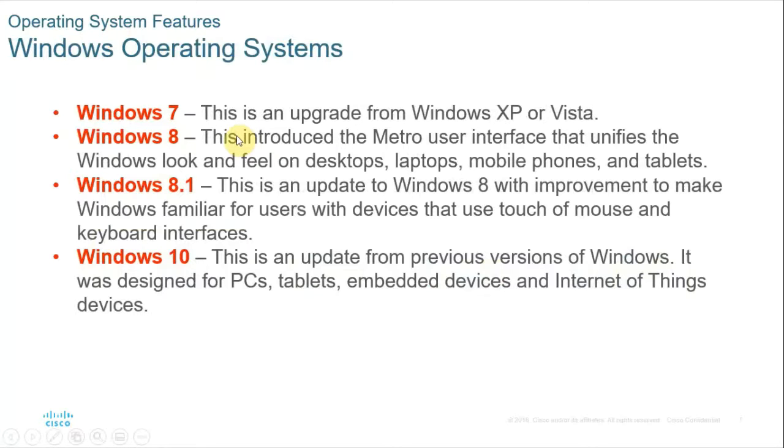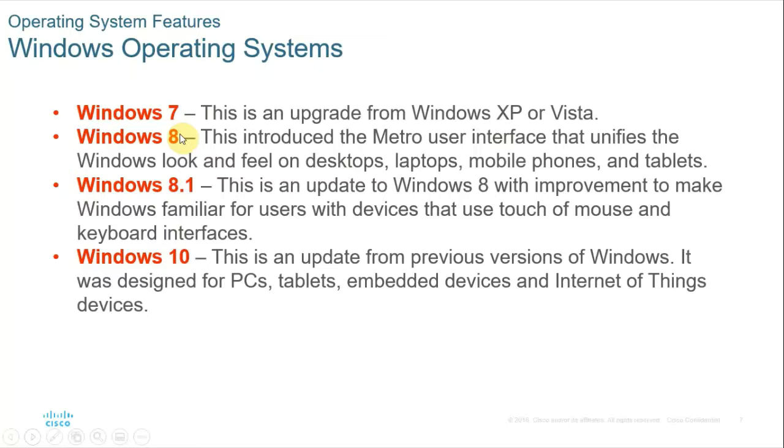Next we are going to see the different types of operating systems. As all of you know, nowadays we are using Windows 10. We got the update. Before, we were using XP, 95, 98, Windows 7, Windows 8, and Windows 8.1. Windows 7 was an upgrade from Windows XP.